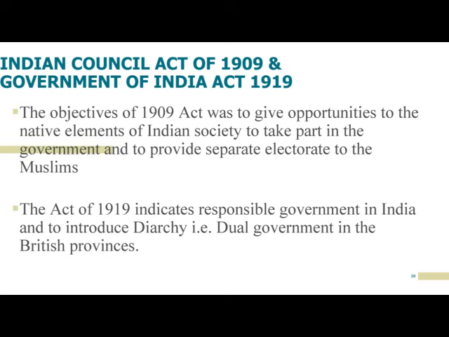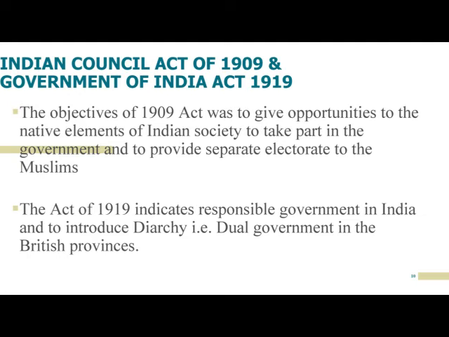The Government of India Act 1919 came into existence to remove the drawbacks that existed in the Indian Councils Act of 1909. They failed to keep the promise to provide opportunities to the people of India, and that itself gave the nationalists a way to raise their voices against the British rule and to establish their own rule in India.